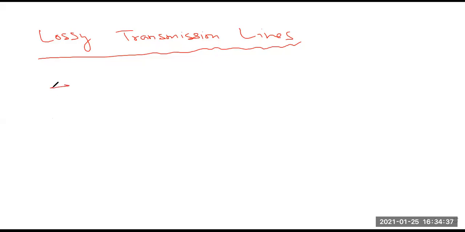So what I'm saying is, in practice, transmission lines have losses. And why do they have losses?